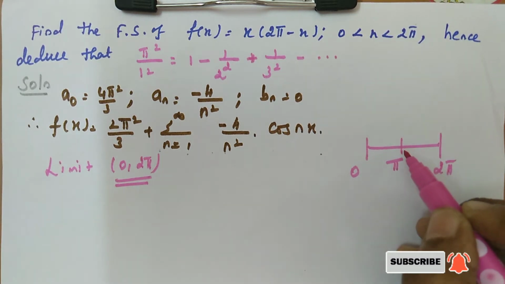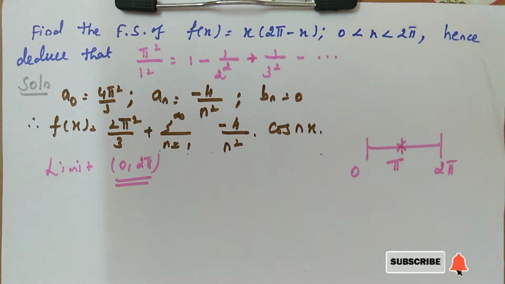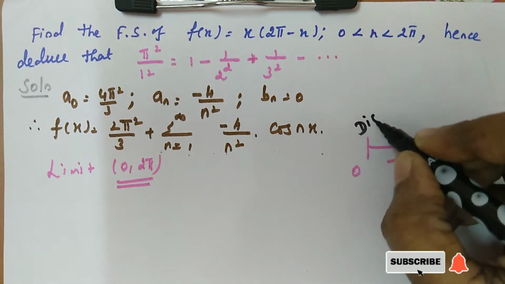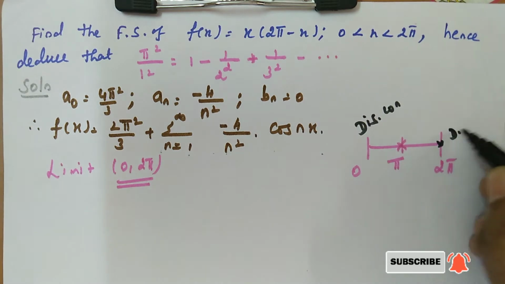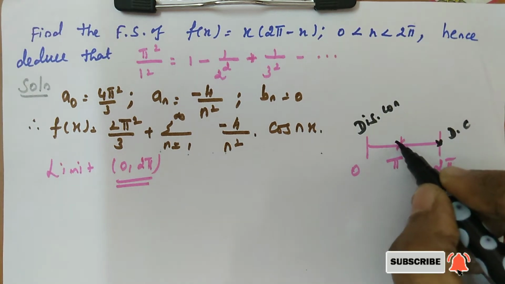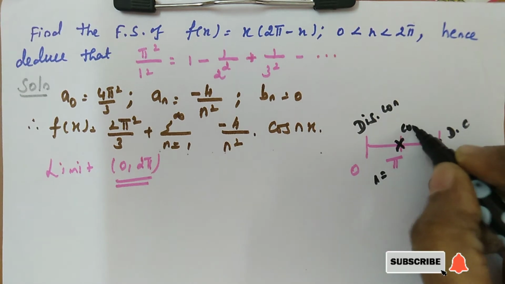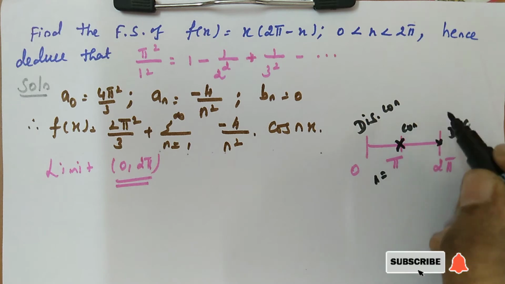So this pi is a point of continuity. This 0 is the left hand limit, that is a discontinuity point, and 2 pi is also a point of discontinuity. At x is equal to pi, at this point the function is continuous. So this point is called a point of continuity.